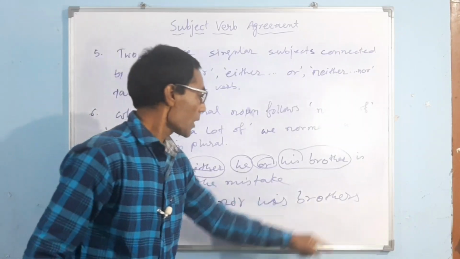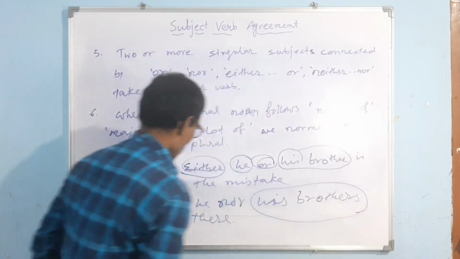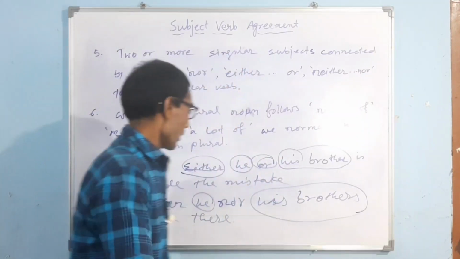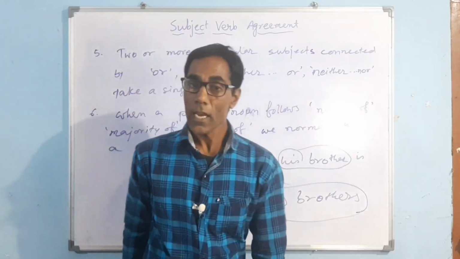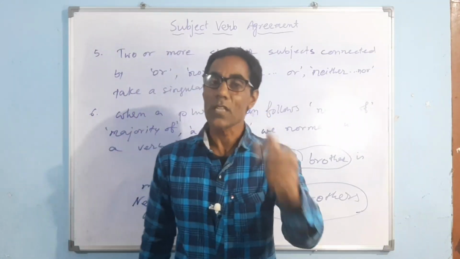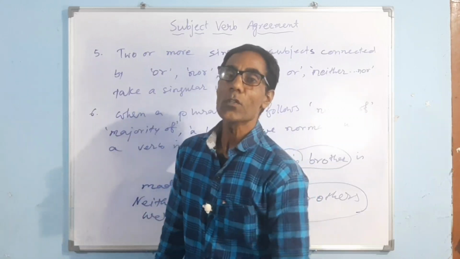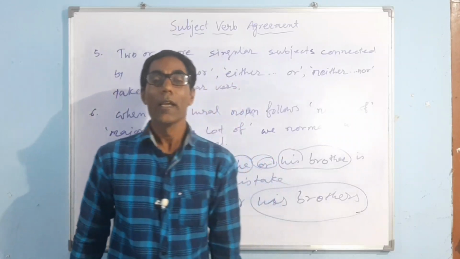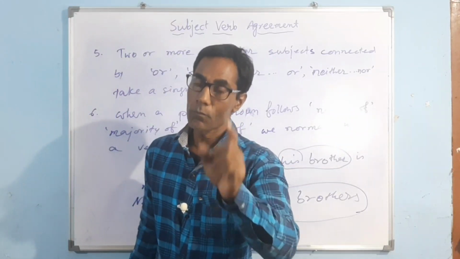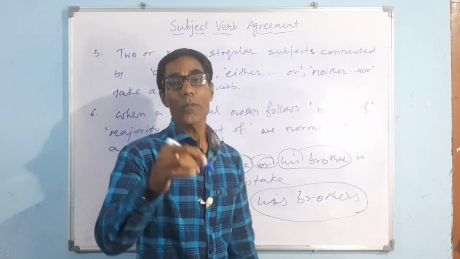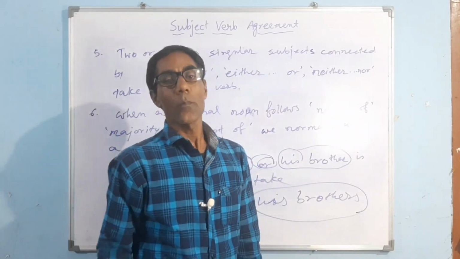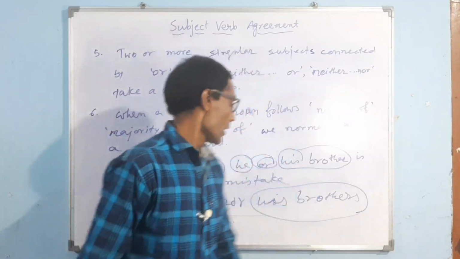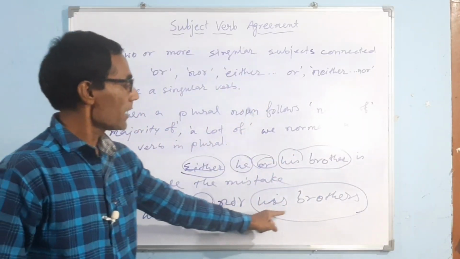Neither he nor his brothers, that is plural, and he is singular. Here two different numbers are there. But in the first, both are singular. If two or more singular subjects are joined with either or, neither nor, in that case you have to use a singular verb. But if the subjects are of different numbers, the plural will come last and you have to use a plural verb, like this: neither he nor his brothers.